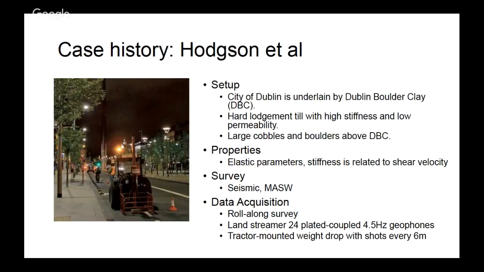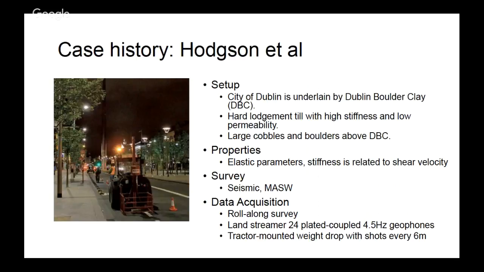And so if we walk it through that basic 7-step framework like you guys did in that assignment, if we look at the setup, we have this hard till, which they're expecting to have a high stiffness and a low permeability. And then they're also going to have some layers of cobbles and boulders and things like that above your bedrock. So they want to map out those regions to get an idea of stability.